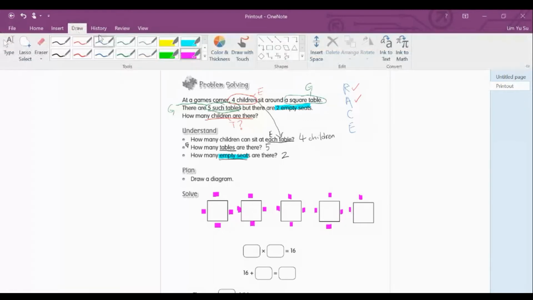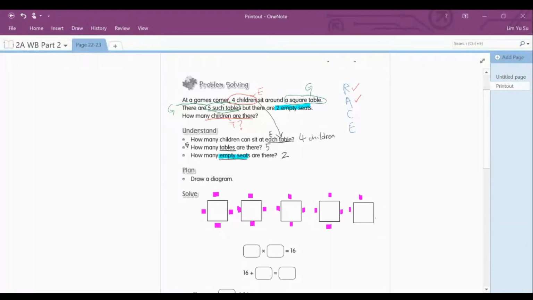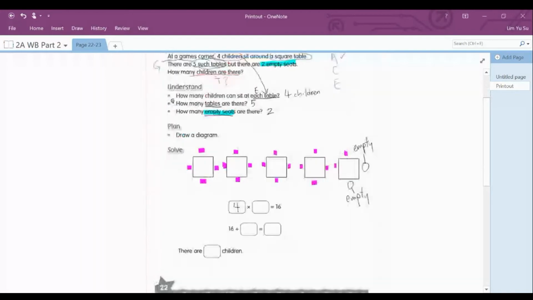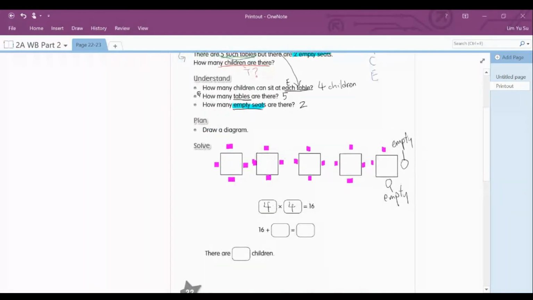Over here, this is empty, and then this is also empty. That means you actually have 4 full tables, and each table has 4 children. So 4 full tables, and each table has 4 children each. That gives you 16 children.